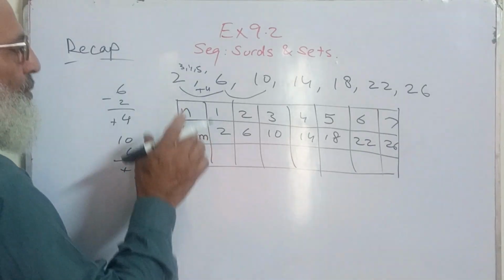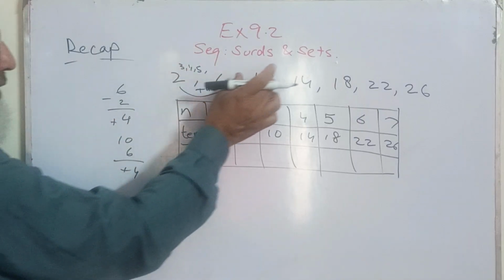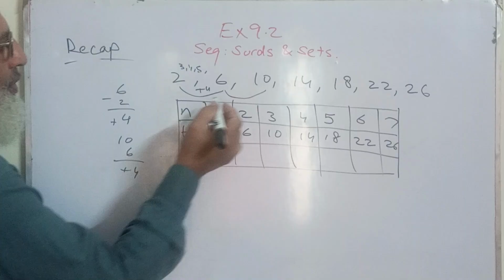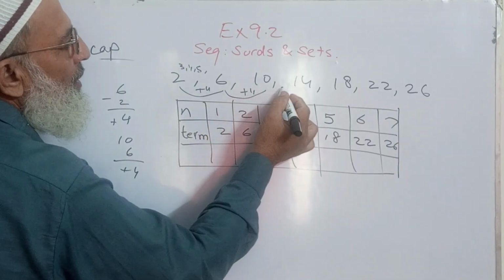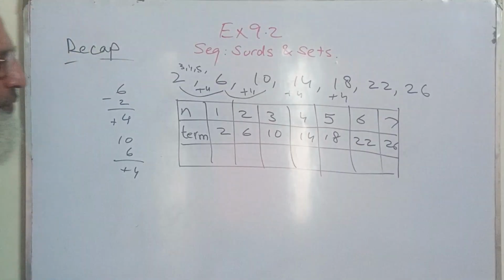That means you are subtracting the earlier from the later each time. So it is plus 4, plus 4, plus 4, and so on and so forth.